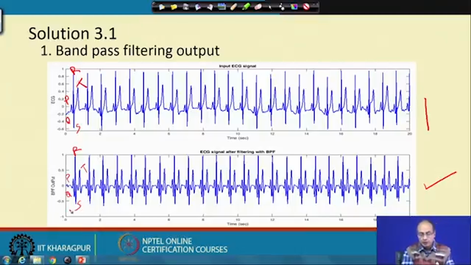Okay. So, overall the QRS complex is emphasized by the band pass filter. Here, as the input signal did not have much noise, we cannot see the impact in terms of noise removal in this picture.